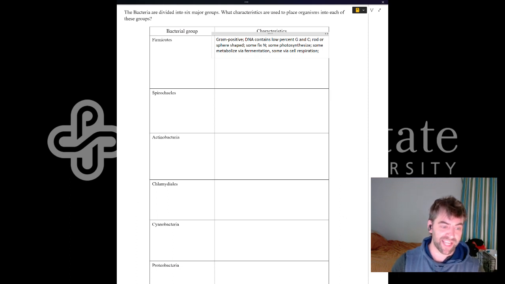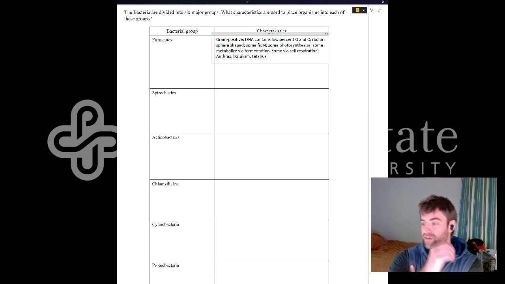Members of this group cause anthrax, botulism, tetanus. If you've ever eaten expired canned food or canned food where the seal has been cracked for a while, that's a good way to catch botulism. It's a really, really nasty infection. Some are used to ferment milk products.